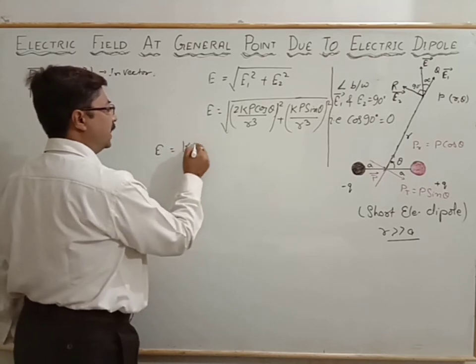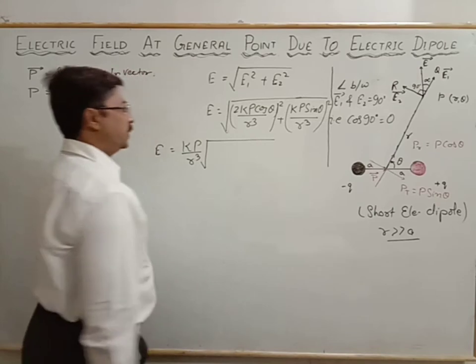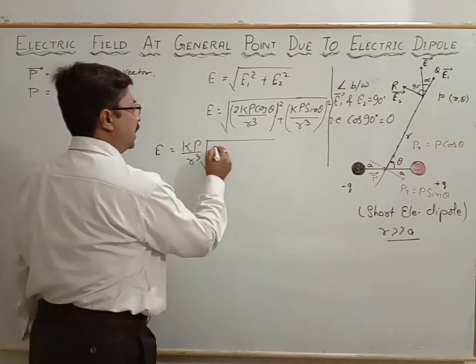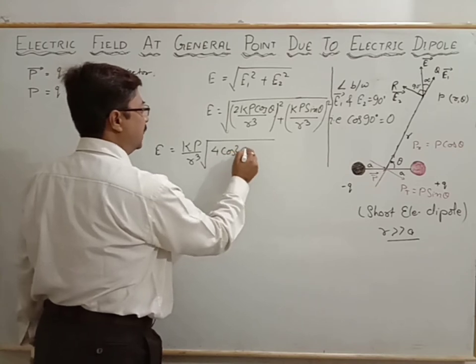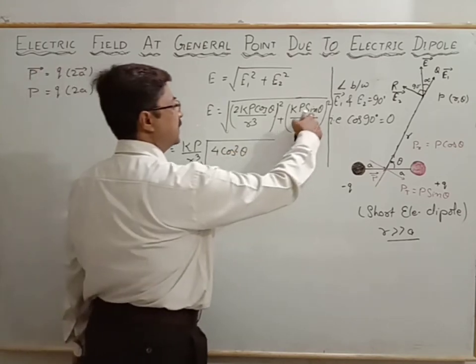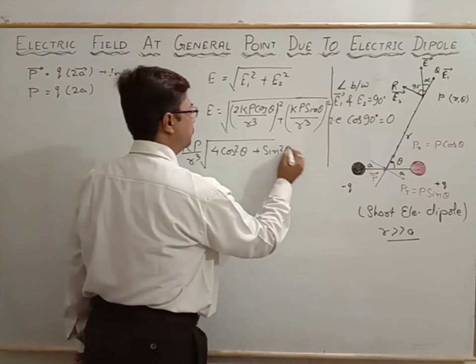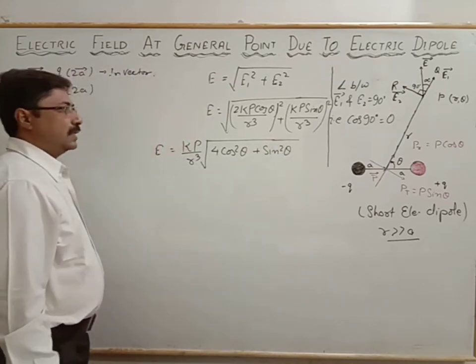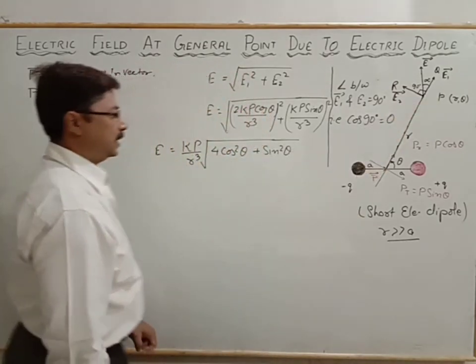So we have kp by r cube into root of 4 cos square theta plus sin square theta. This is the magnitude value of the electric field at the general point P.